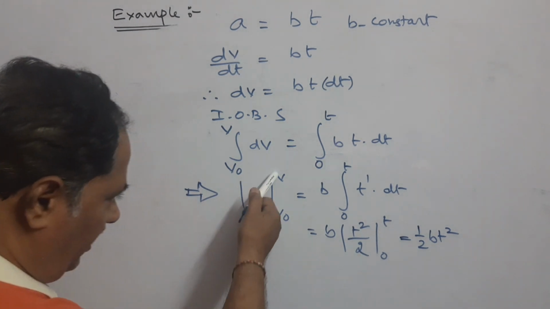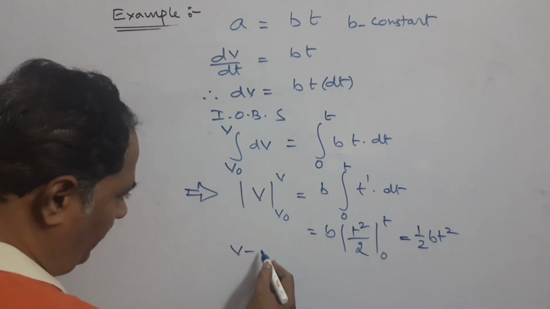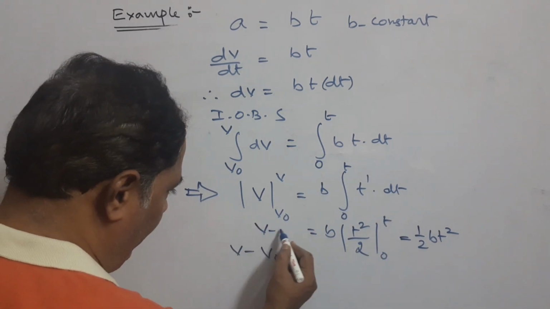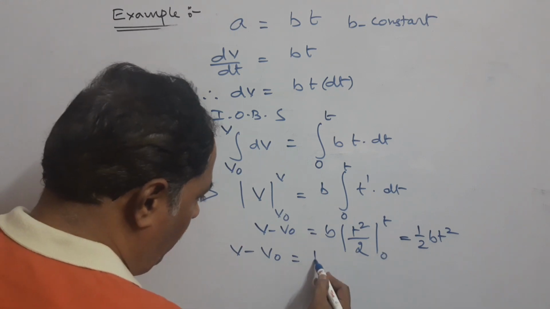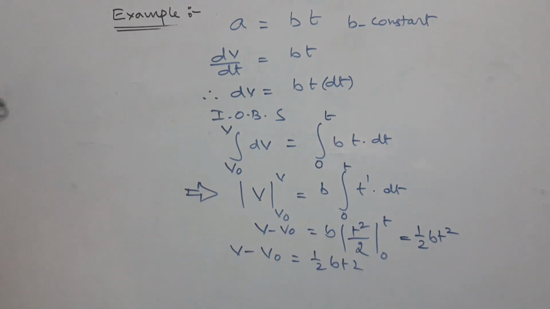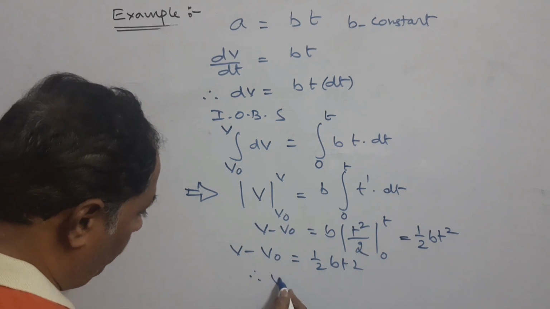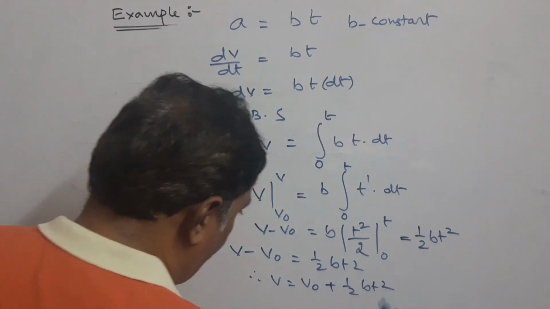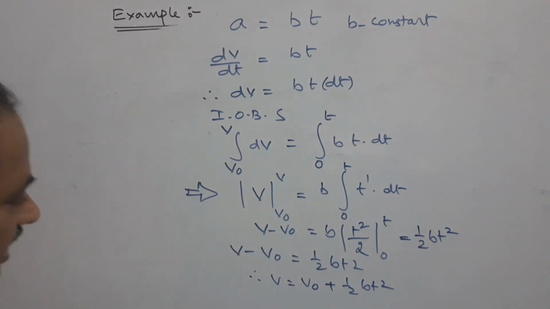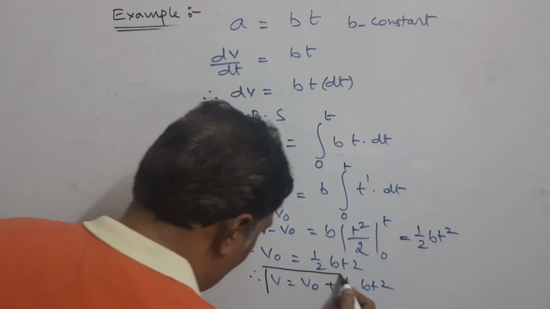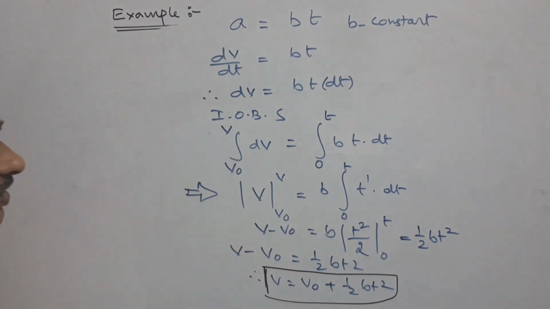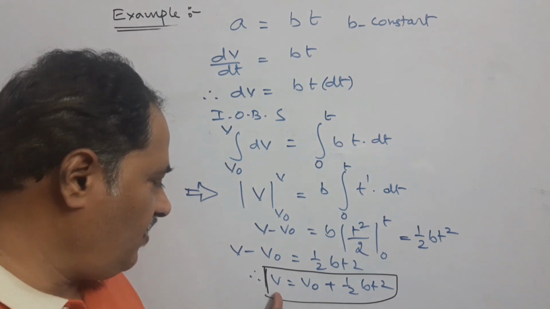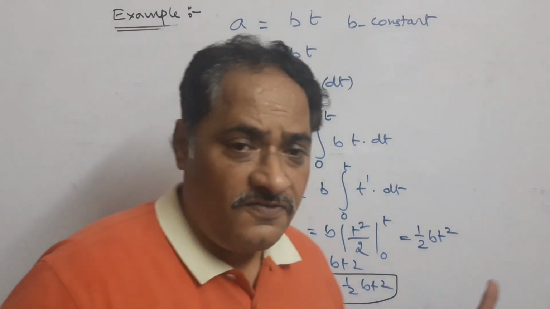That means here apply the maximum value, v minus v0 is equal to half bt square. Therefore v is equal to v0 plus half bt square. So you are able to get velocity first. In the case of the first integration, you get velocity v equal to v0 plus half bt square.